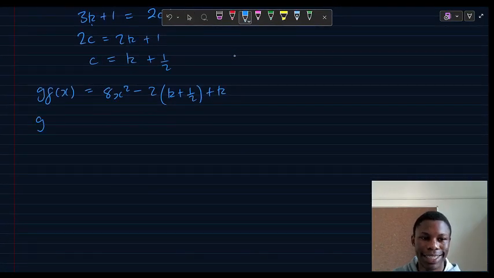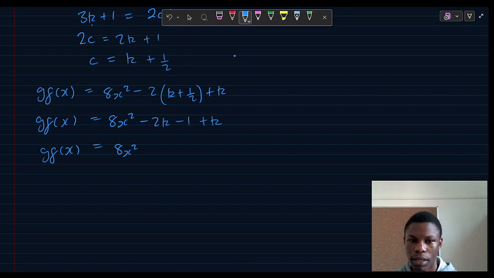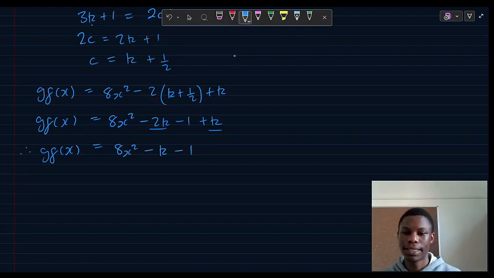And so we have that gf of x is equal to 8x squared minus 2 times k, so minus 2k, minus 2 times half, minus 1, plus the k. And if we simplify this, we have that gf of x is equal to 8x squared, minus 2k plus k, which is minus k, and then the minus 1. So we have shown that gf of x is 8x squared minus k minus 1.